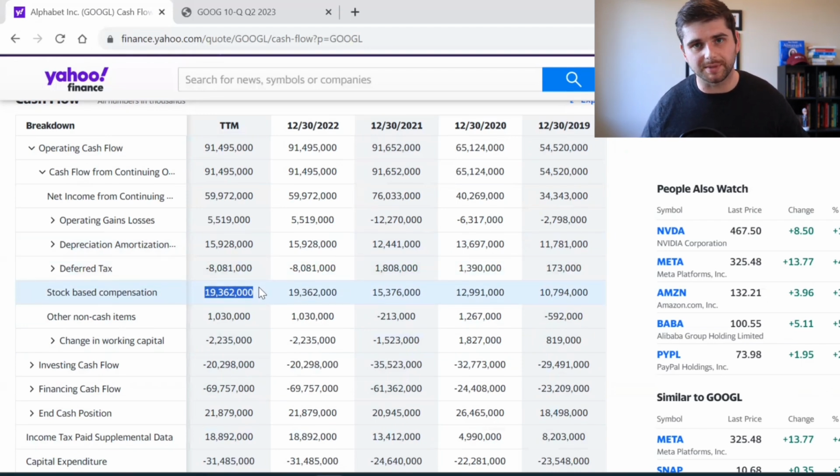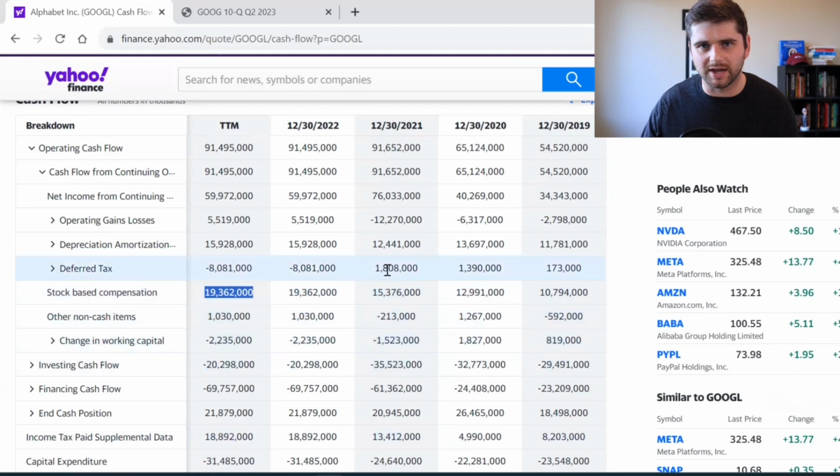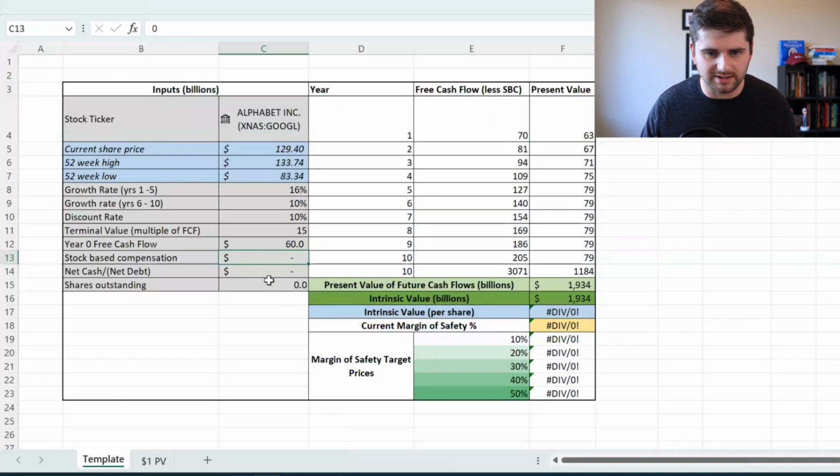Stock-based compensation basically is the company issuing shares to employees as part of their compensation packages. And the more stock-based compensation that a company does, the more pieces of the pie or shares of the company there are, and the more that long-term everyday investors get diluted over time. So it is a very real cost, and that's something that I've added to my discounted cash flows over the past couple of years. So I'm going to add that 19.362 billion here into our spreadsheet.